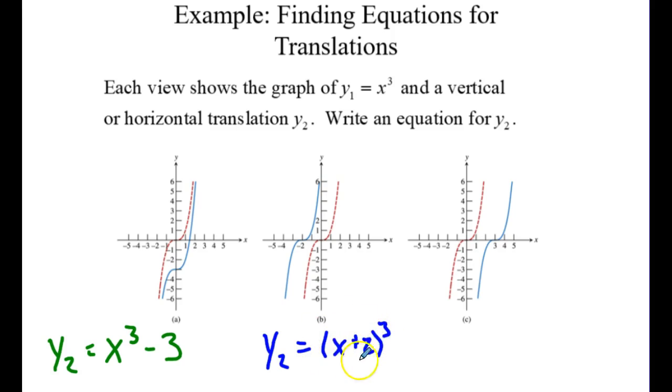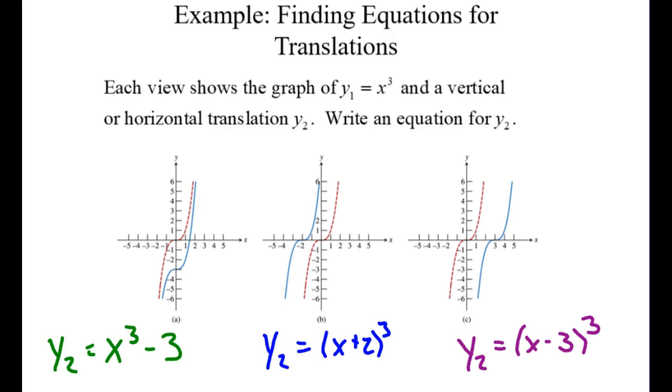That indicates we have a horizontal translation going left 2 units. And finally, the third one, we started at the origin and translated 3 units to the right, so our y sub 2 equation will be equal to, inside the parentheses, x minus 3. Since we're subtracting, that's indicating we're moving to the right 3 units.